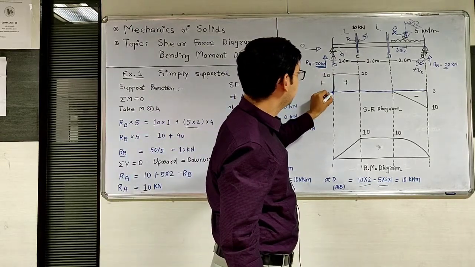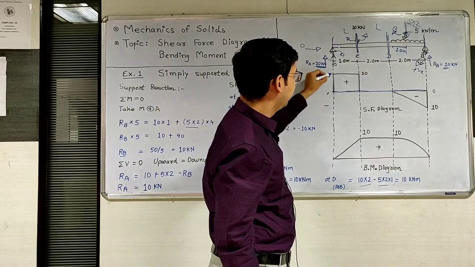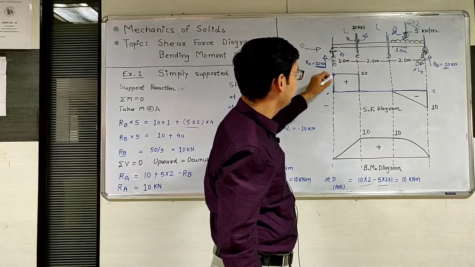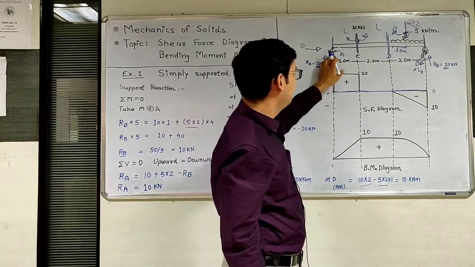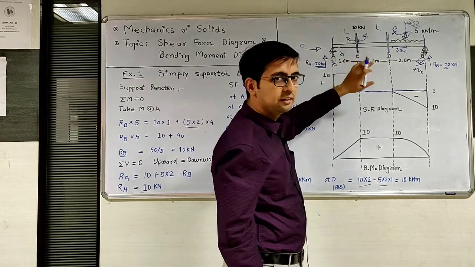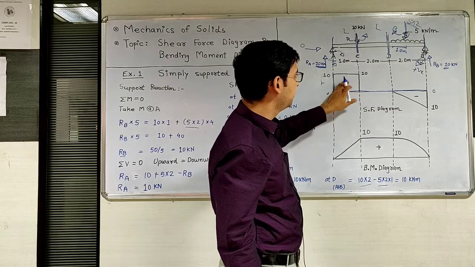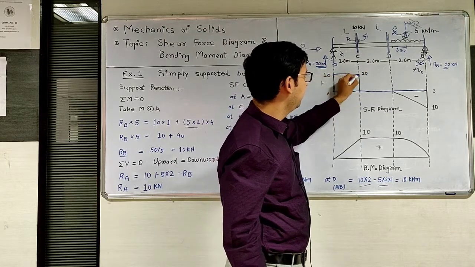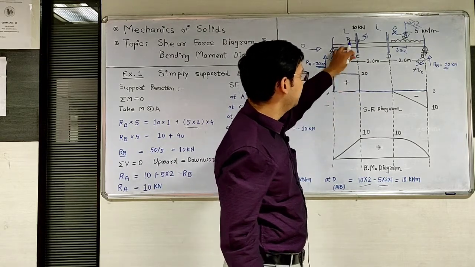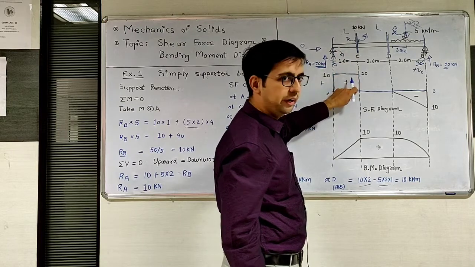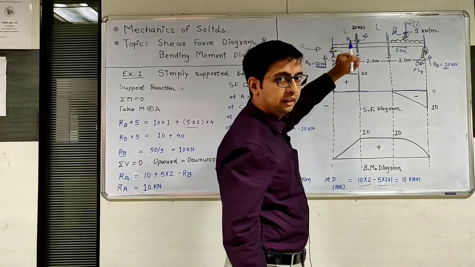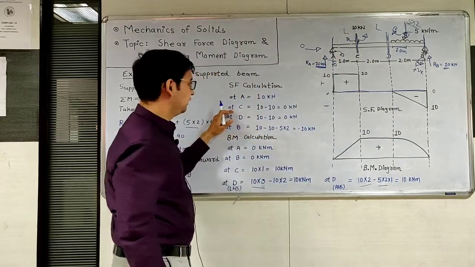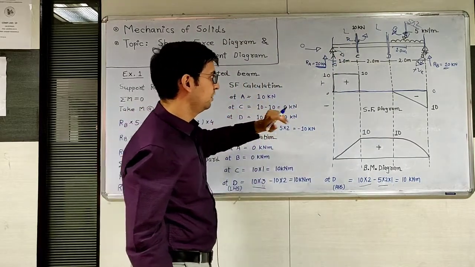So here, first of all, at A point the shear force value is 10 kilonewton. So 0 and 10. Draw a vertical line because a point load is given. Now from A to C point there is no load. It means you have to draw a horizontal line. Now at C point there is a point load, in downward direction, and the value of shear force at C is 0.